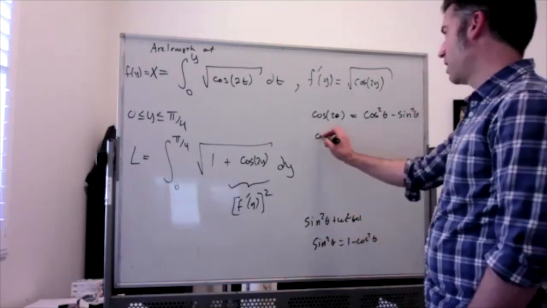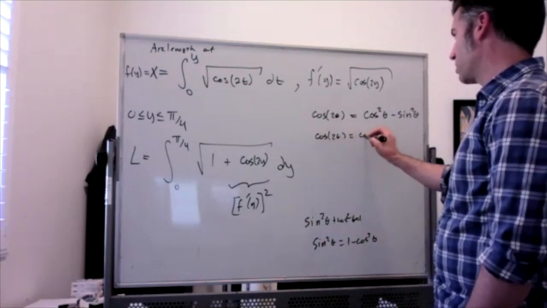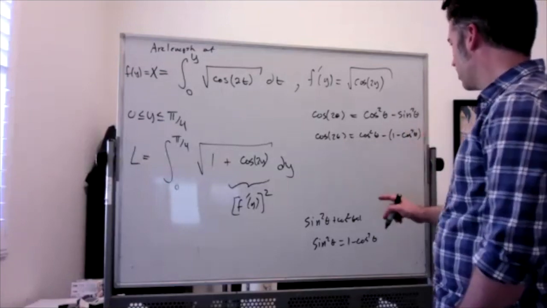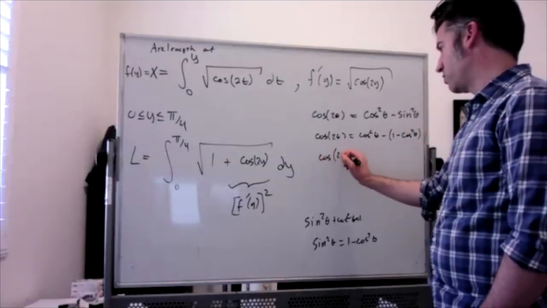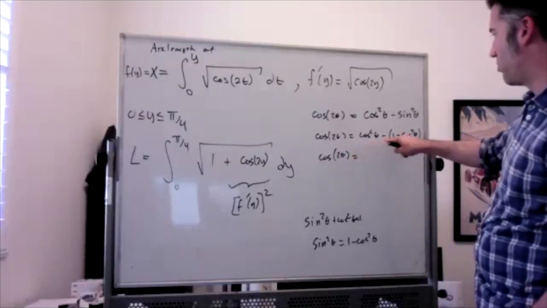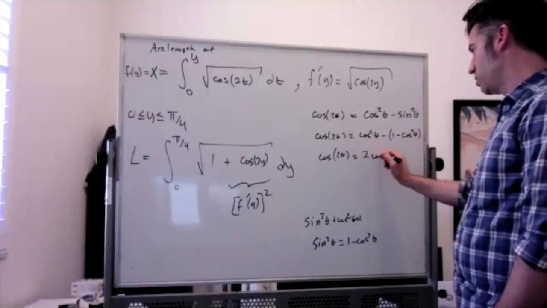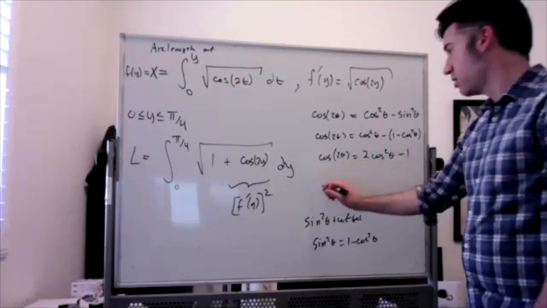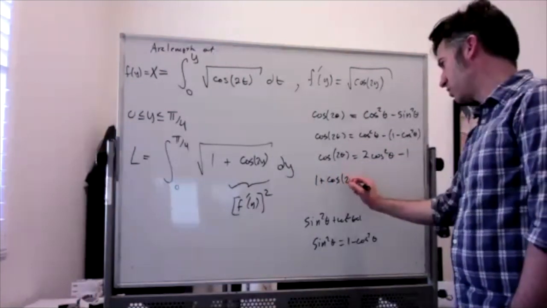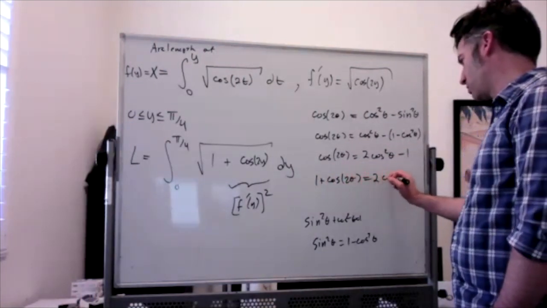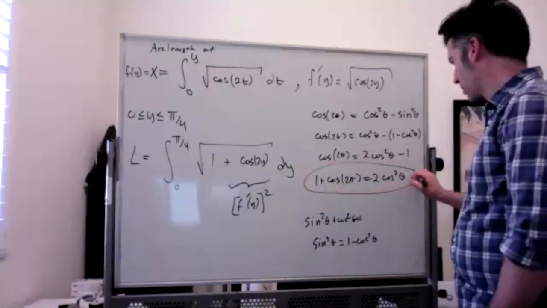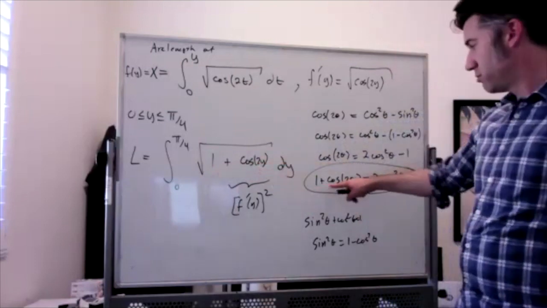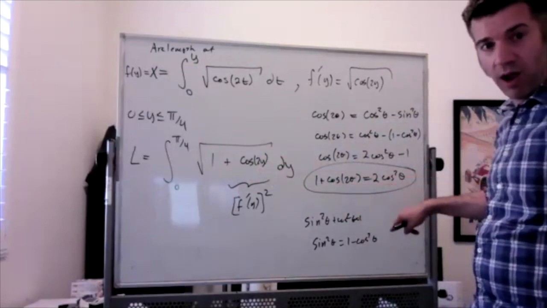Then cosine of 2 theta equals cosine squared theta minus (1 minus cosine squared theta). Simplifying, cosine of 2 theta equals 2 cosine squared theta minus 1. Add 1 over here: 1 plus cosine of 2 theta equals 2 cosine squared theta. So 1 plus cosine of 2y equals 2 cosine squared of y.